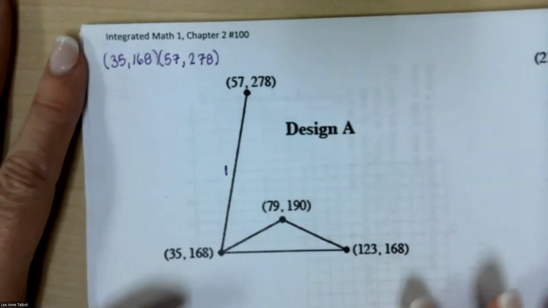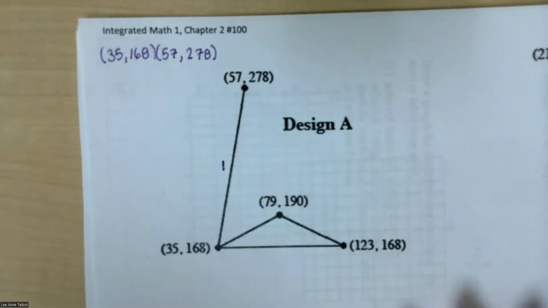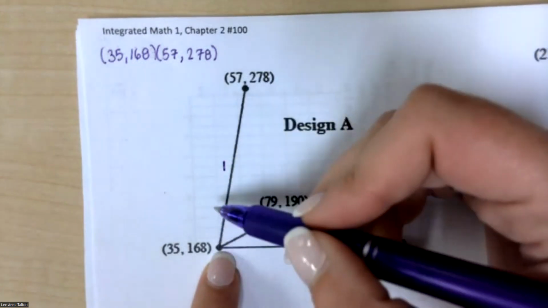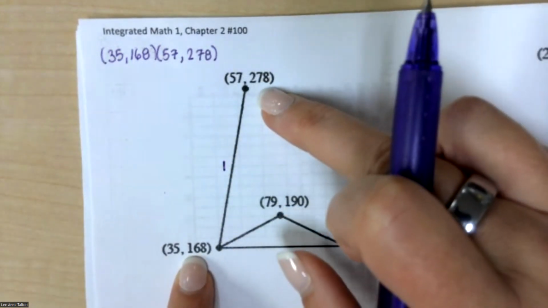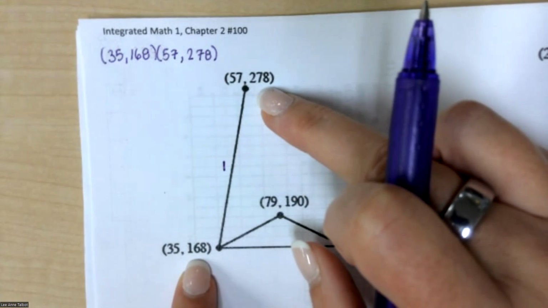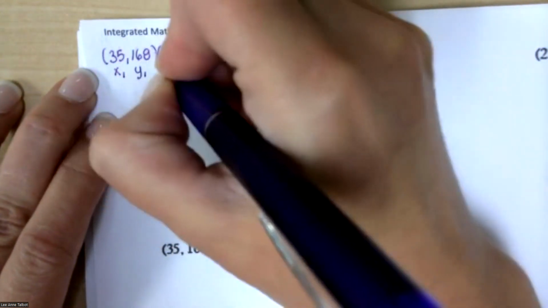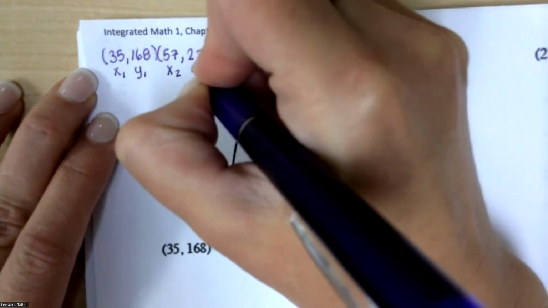Okay. So I'm working on segment 1 here, which is this piece of the design. Do you guys see where I got my coordinates from? They're the endpoint here and the endpoint here. Okay, so I'm going to label that x1, y1, x2, y2.